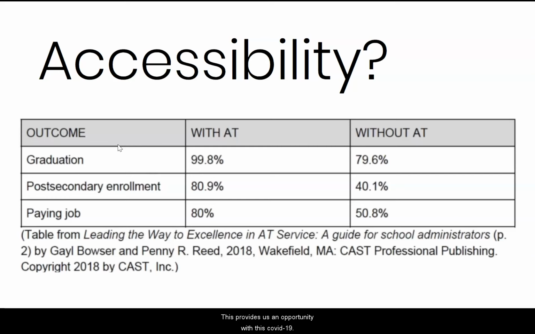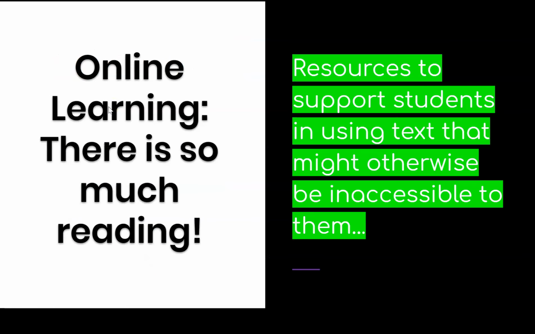So this COVID virtual learning opportunity helps kids use some of the tools that they might not have been as willing to use at school. A common reason that kids don't want to use accessibility features is it makes them stand out and different. Well, in the home environment, they can use whatever tool they need, and it gives them some confidentiality that they might not have in the classroom.